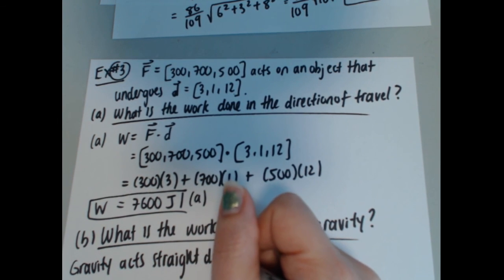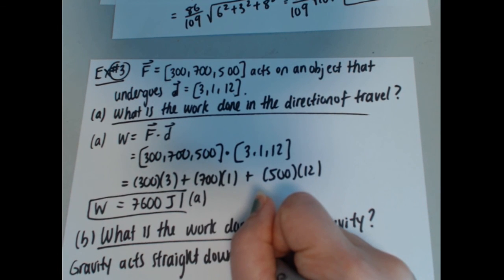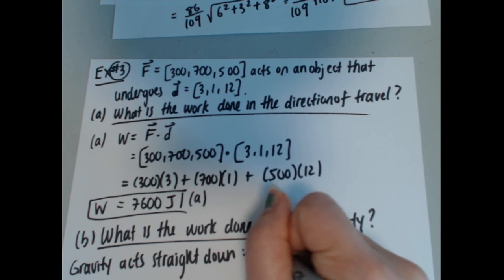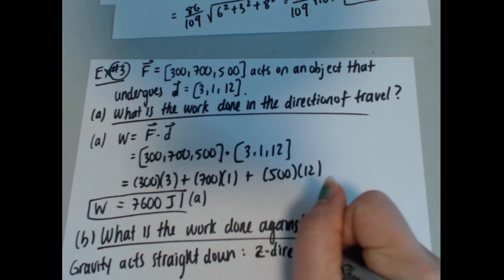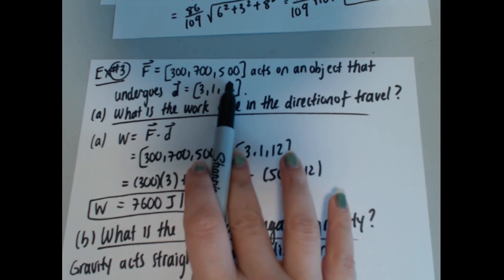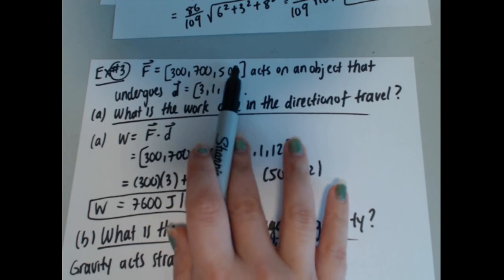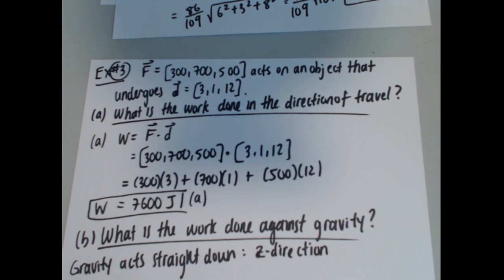What is straight down based on my Cartesian coordinate system in 3 dimensions? Well, that is the Z direction. In fact, technically, gravity is going in the negative Z direction, but the Z direction is what we really care about. So if this object is applying a force of 500 newtons in the Z direction, that's the component of the force that's acting against gravity.